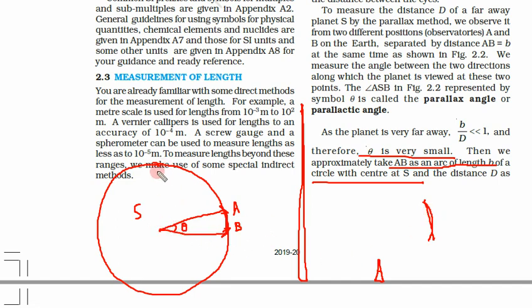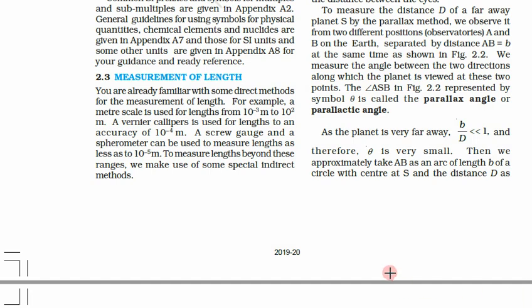If theta is even smaller, it is almost straight. This is the approximation we learned in the first chapter: we take the curve length equal to the straight line. So this is b, and this is also equal to b. This is our approximation.